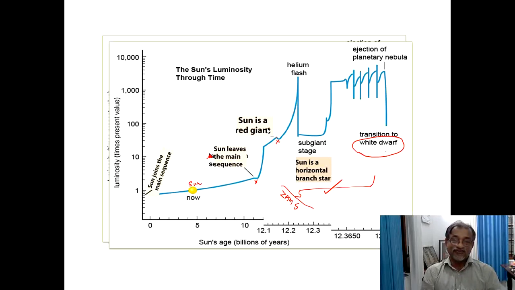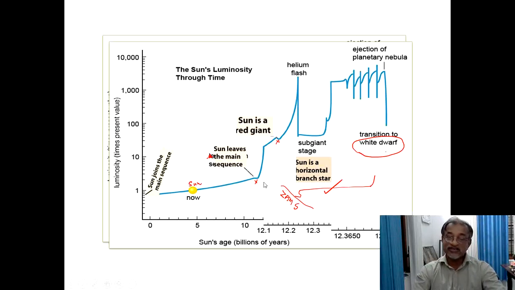If the age further increases, helium flash takes place, as we have studied in the last chapter. After that, luminosity suddenly decreases from 1000 to 10, and it becomes a subgiant stage. The sun is a horizontal branch star here.